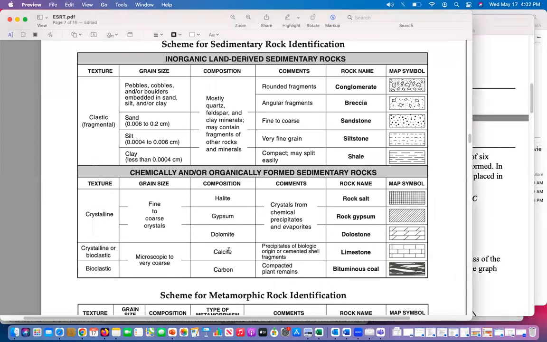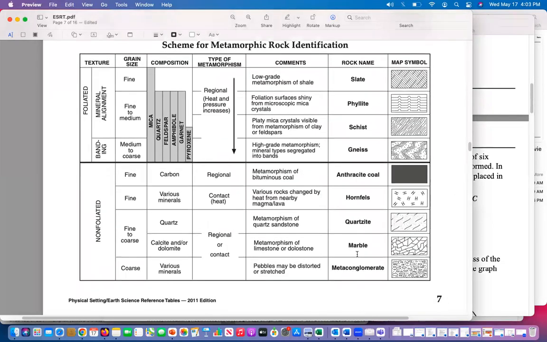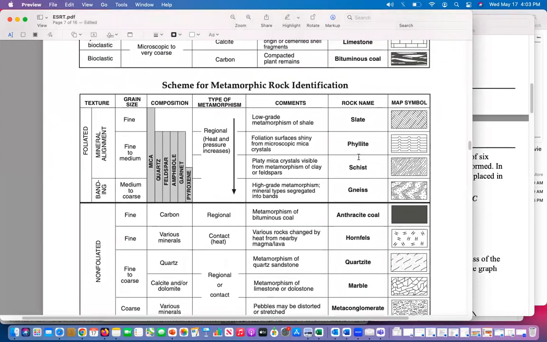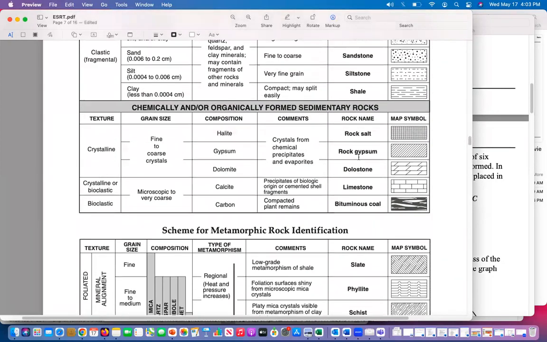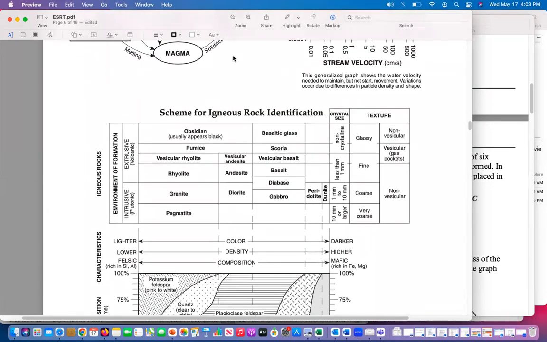If you're ever confused as to what type of rock you're not familiar with is given to you, you have the freedom to just look through. I don't see granite, I don't see granite, I don't see granite. I'm looking here, I don't see granite. I'm looking. And what do you know? I see granite right here, right?